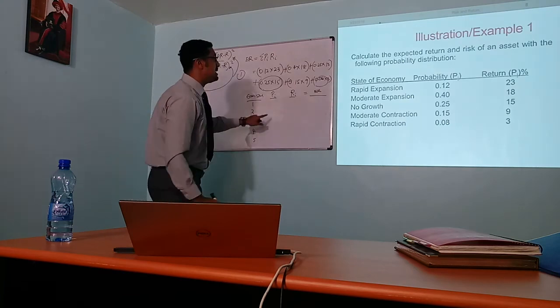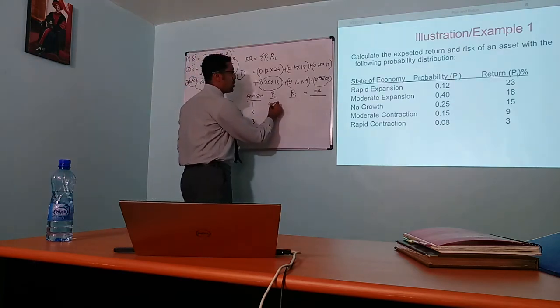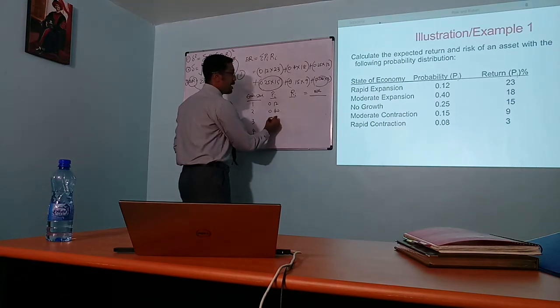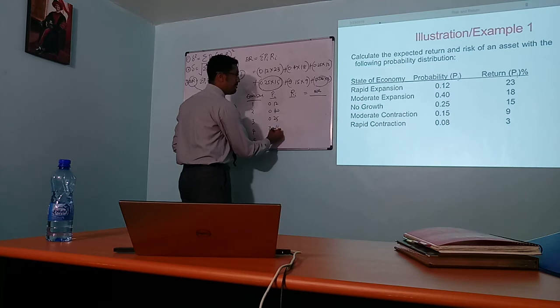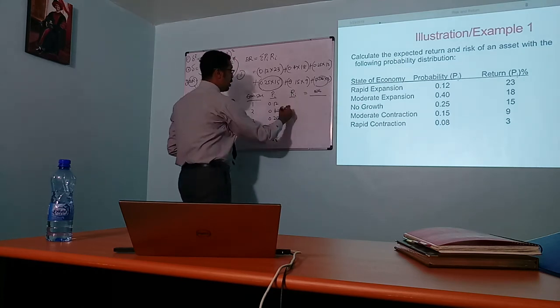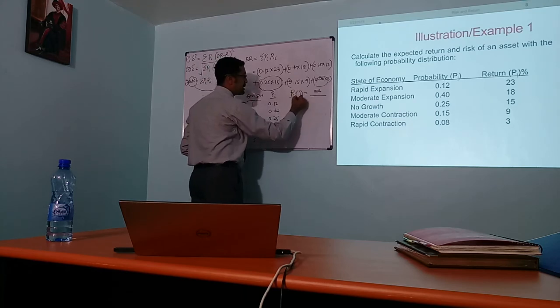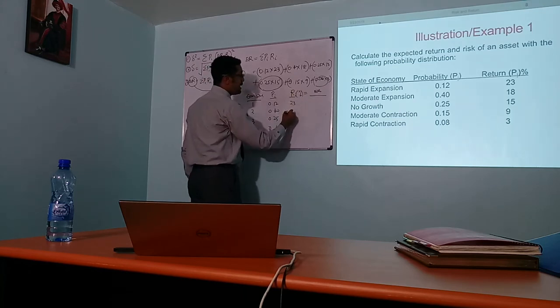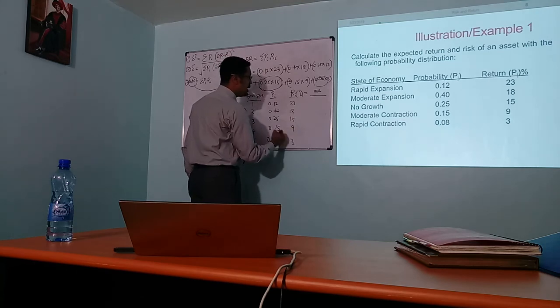The probabilities are given as 0.12, 0.40, 0.25, 0.15, 0.08. The returns are also given in percentage: 23%, 18%, 15%, 9%, 3%.